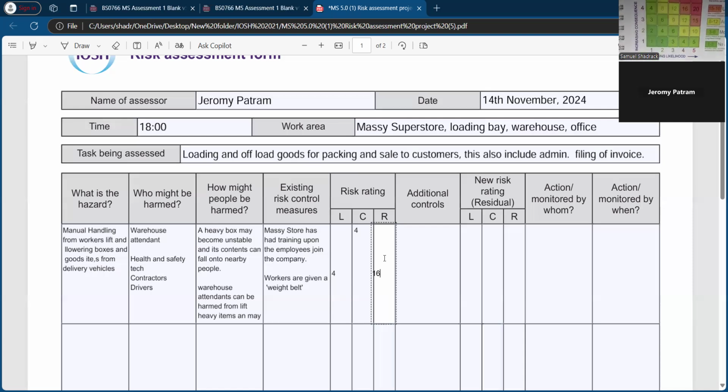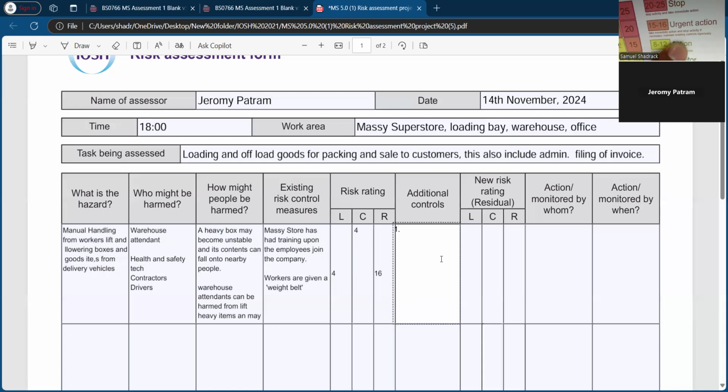So 4 by 4 will give us 16, and 16, which is here, falls under urgent action. If you look at that there, 15 to 16 is urgent action. So we need to take action there, and that is what the further action column is for. We could recommend a couple of further actions.